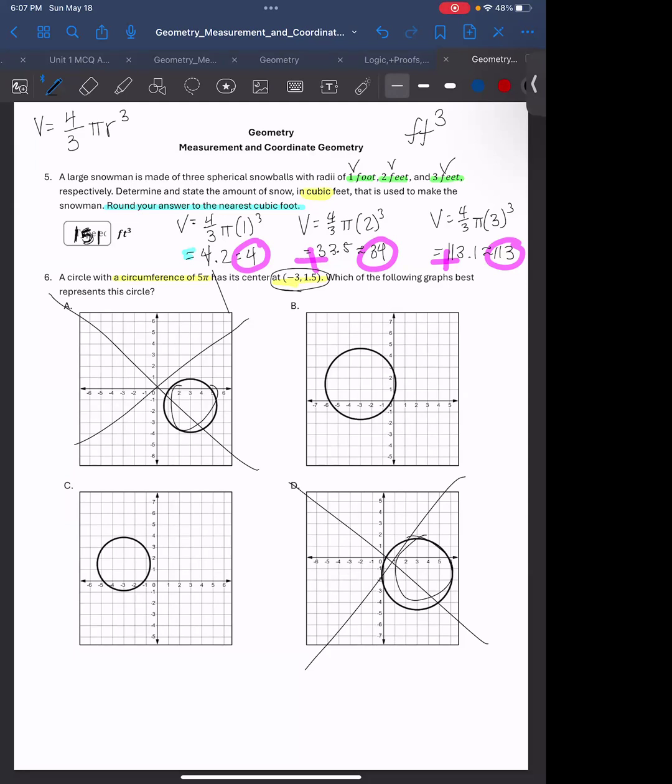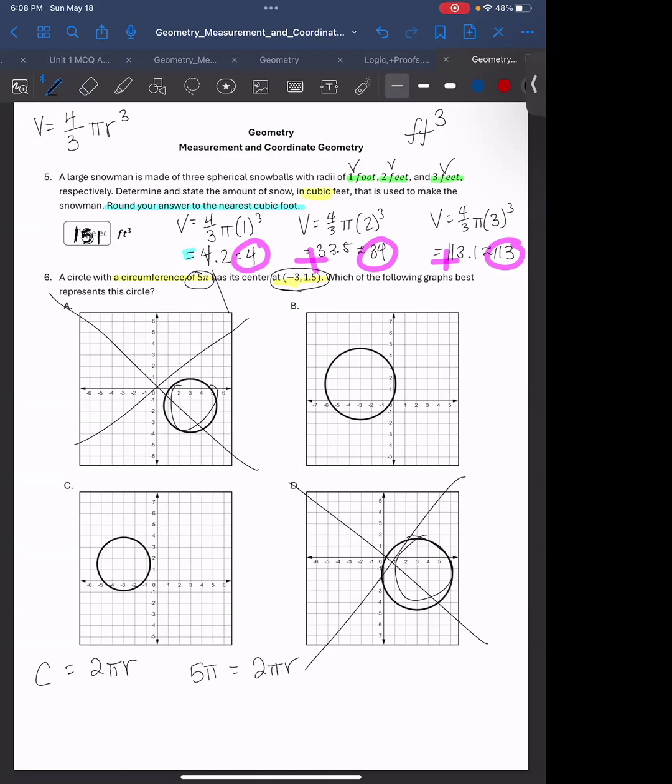The sphere is 3D, so the circle is normal. The circumference of a circle is equal to 2 pi r. They told me my circumference is 5 pi. So 5 pi equals 2 pi r.